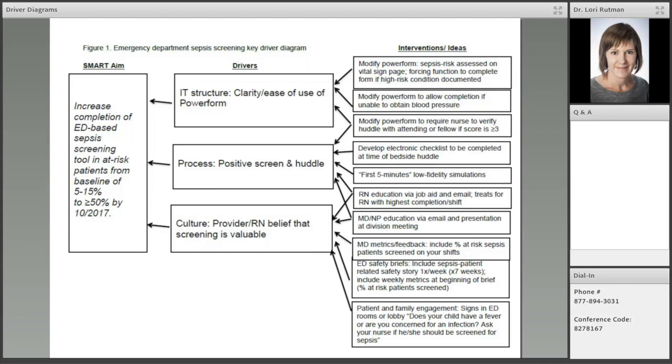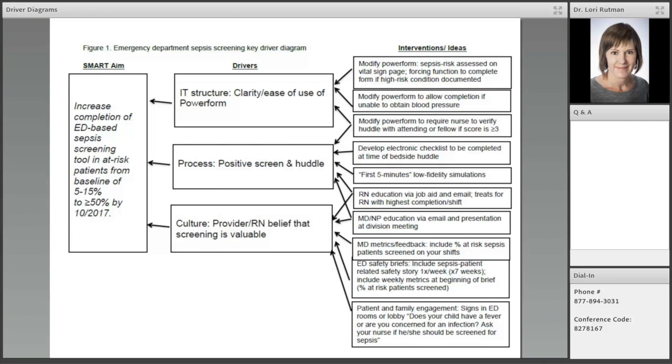Improving the process for what happens when a screen was positive, and also doing some low-fidelity simulations of what happens when you have a positive screen to understand where the breakdown was in that process and to hopefully learn from the simulation and improve the next stage. And then the cultural aspects were addressed by a lot of in-person education, discussing septic patients that were missed at safety briefs, getting patients and families engaged in the process so that they were asking providers about sepsis to remind them and cue the interest.